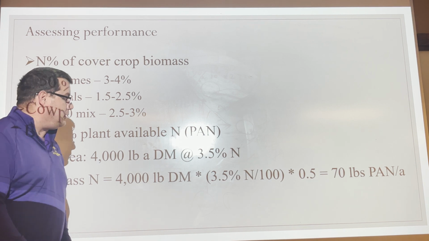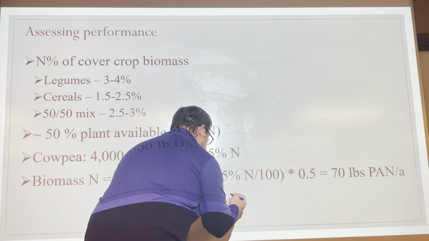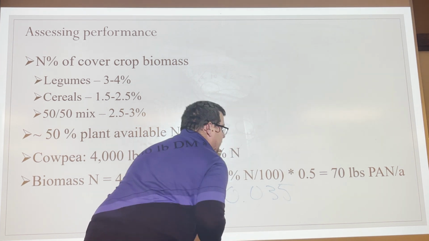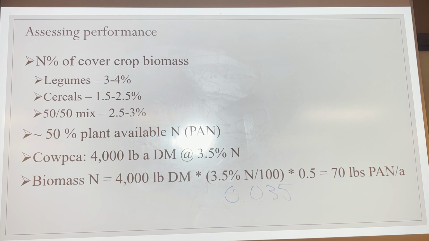This ends up being 0.035 times 0.5, because half of what's there is going to be plant available. And that gives us 70.